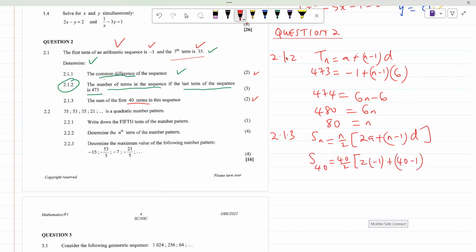The common difference is 6. Now we use our calculator to simplify this and get the result. So S40, the sum of the first 40 terms, is exactly 4640. So the sum of the first 40 terms is actually 4,640.